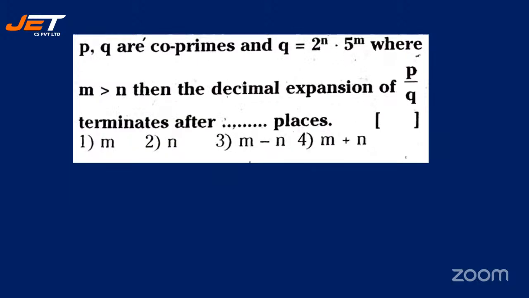P, Q are co-primes, and Q is equal to 2 to the power 2n into 5 to the power m, where m is greater than n. Then the decimal expansion of P by Q terminates after how many places?